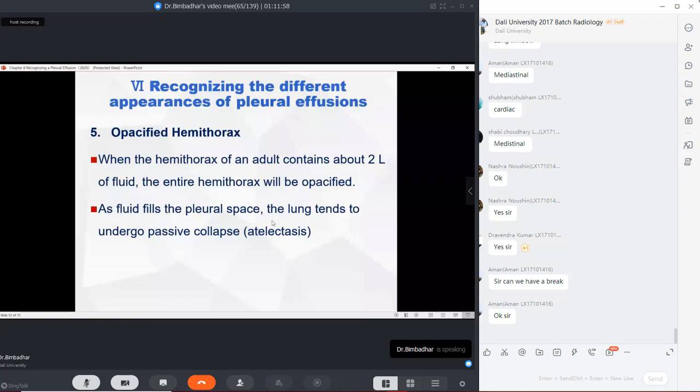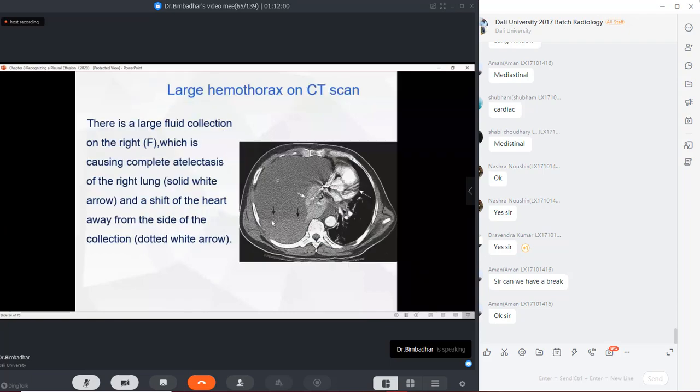Now, you see here a large hemothorax. Generally, hemothorax is the accumulation of blood inside the pleural space. It happens mostly in situations of trauma. And one thing I can see here is that the heart is completely deviated down to the left side. This is the right side, this is the left side.